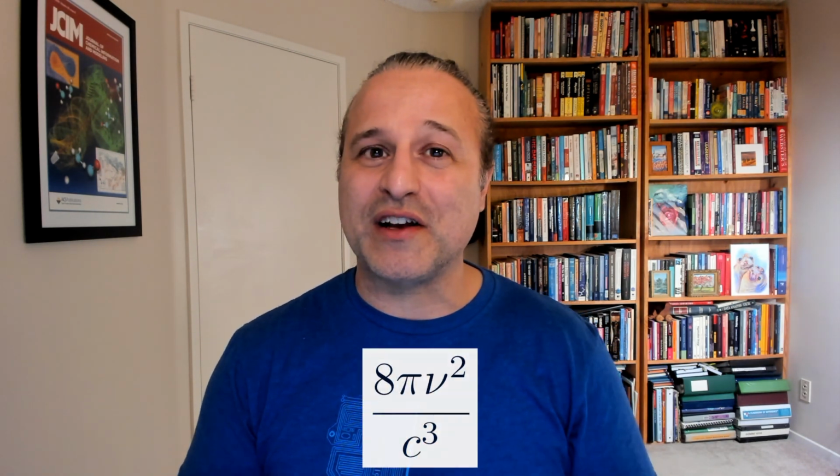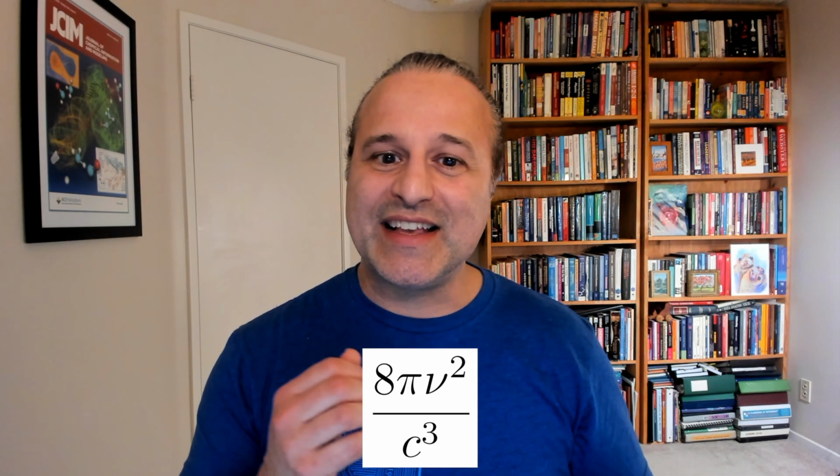Now, a full derivation of this density of states expression requires us to get into some solid state physics that I don't think really fits in this lecture, but we'll do another one later to cover that. So for now, just know that our expression for the density of states is 8 pi nu squared over the speed of light cubed.